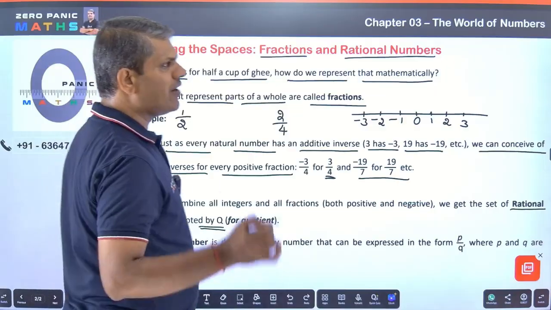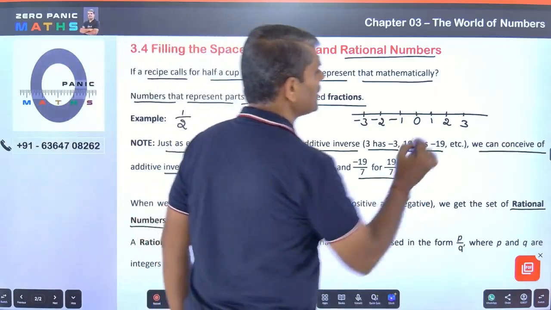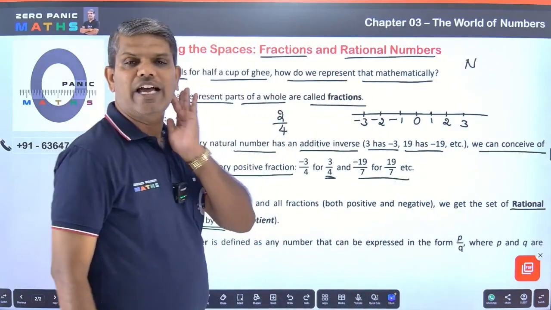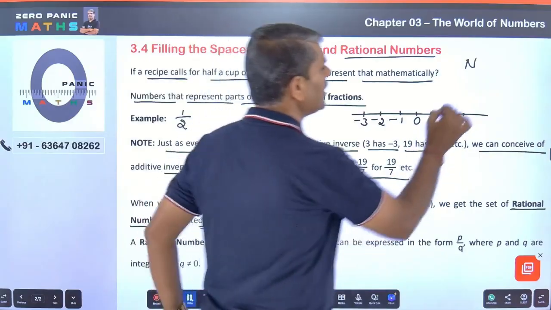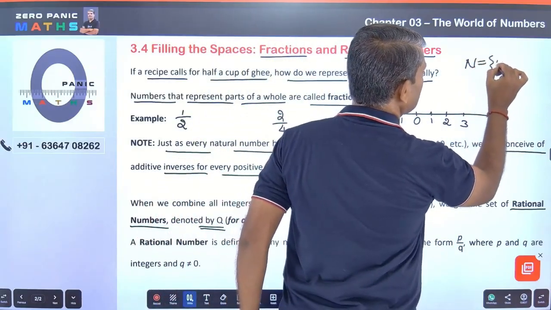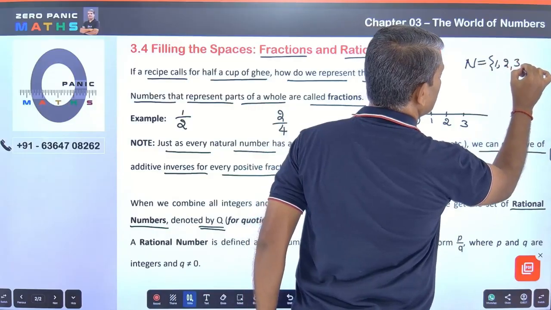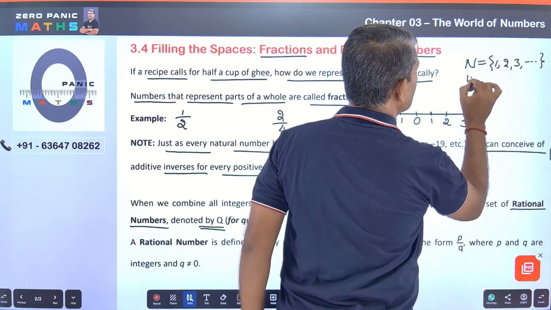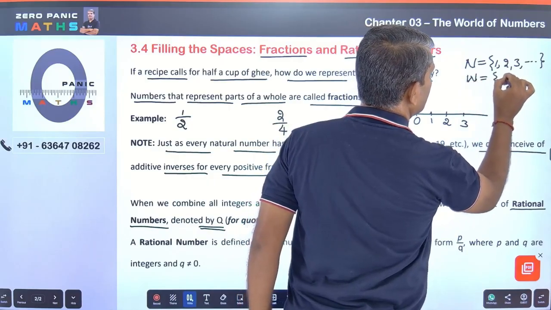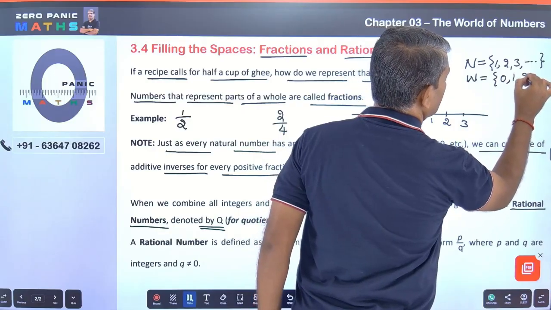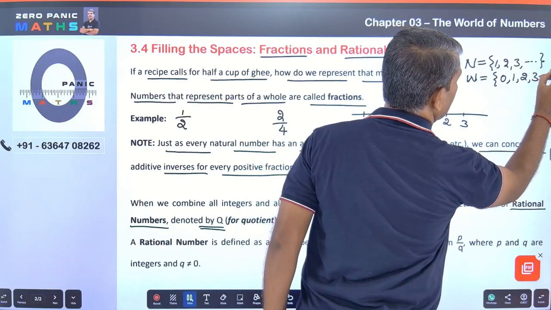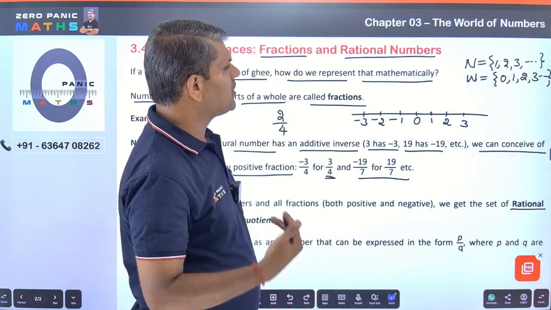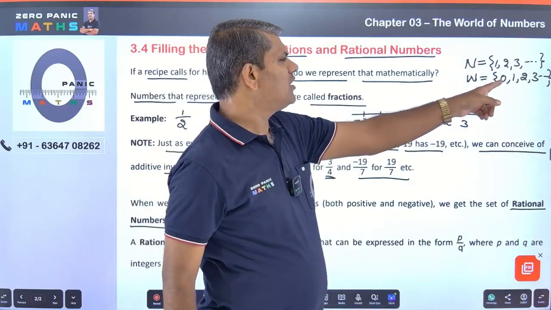Now, as I've already told you in the last class, listen to me carefully, we have discussed a set of natural numbers, which started with 1, 2, 3, which are the actual numbers used for counting. Added with 0, they become whole numbers. There is no description of whole numbers in your syllabus, but it is a number set, a superset of natural numbers with 0 included.